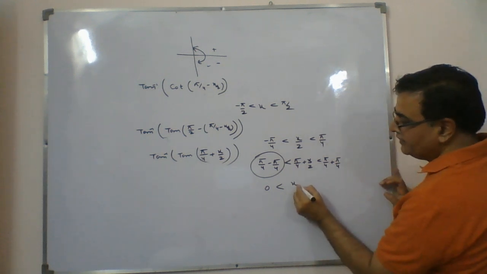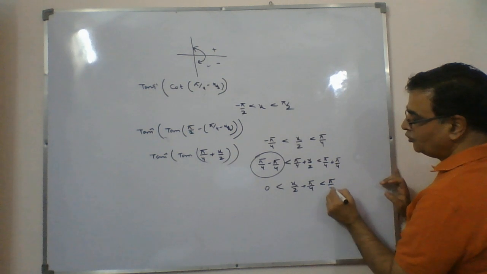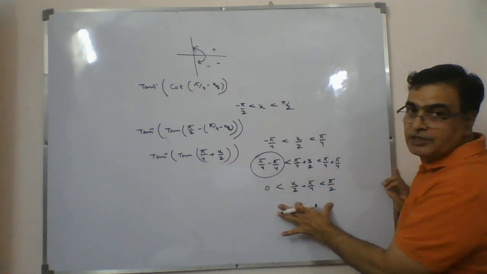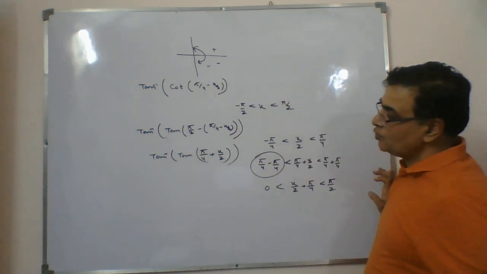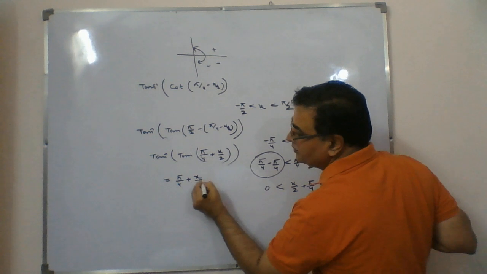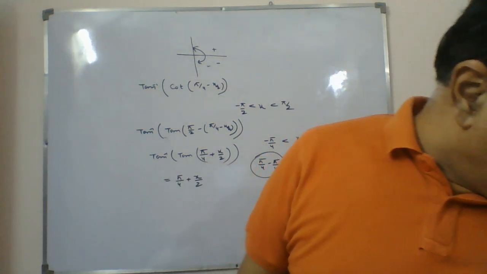Here it will come x by 2 plus pi by 4, and this comes out to be pi by 2. So where does this angle go? Now it is between 0 and pi by 2. Yes, it is in the first quadrant, so I can solve it. I can get the answer pi by 4 plus x by 2. Tan inverse tan theta is simply theta, as we got.